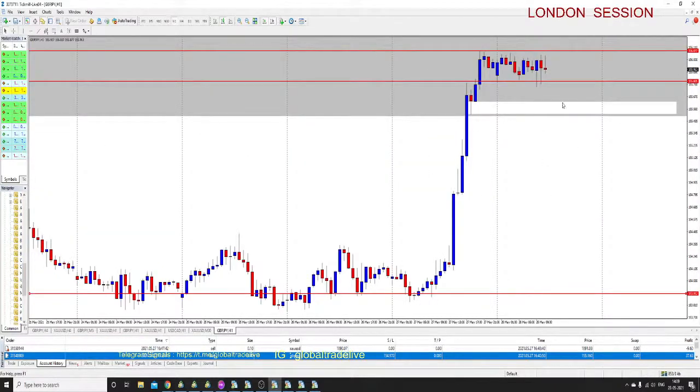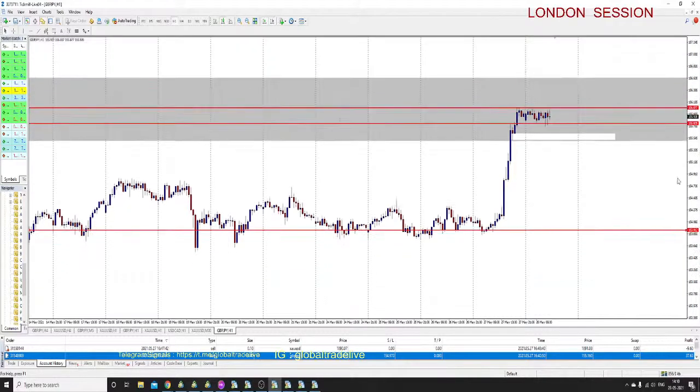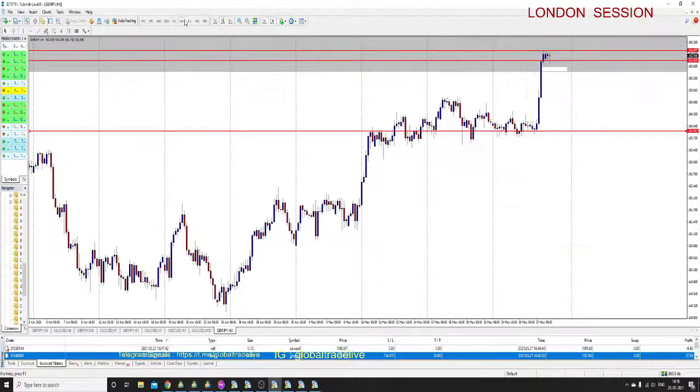But for GBP JPY, it's already in the wick fill region, and I think it should be moving with volume today. And there's one more thing about GBP JPY. I really think that if GBP JPY breaks and closes above this level over here, then we will be having around 40-45 pips of range to cover up, and it should be covering that range very fast.